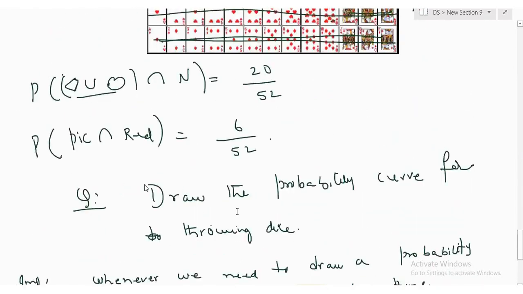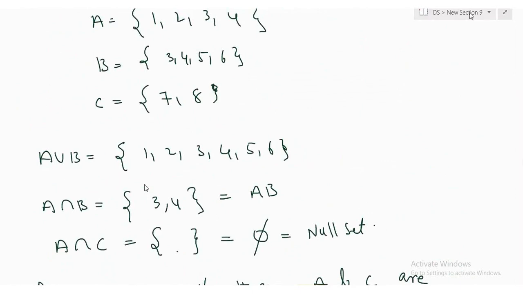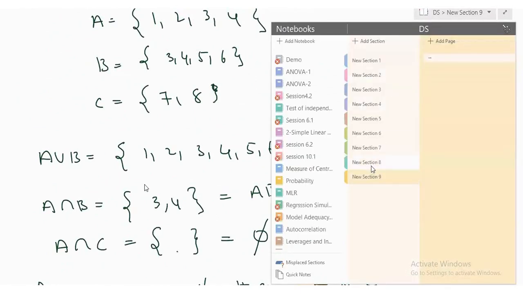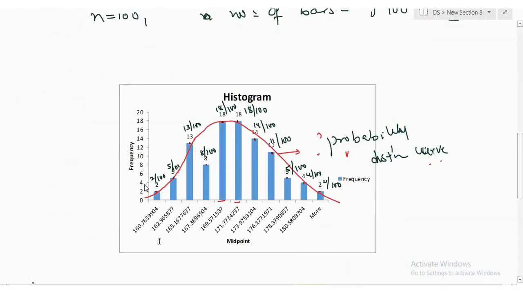For example, the height values: what are the different values it is going to take from the data? These are the values and corresponding probabilities. Agreed or not?